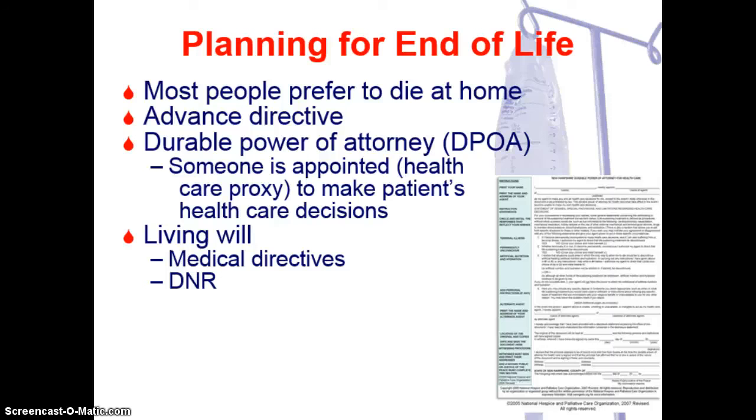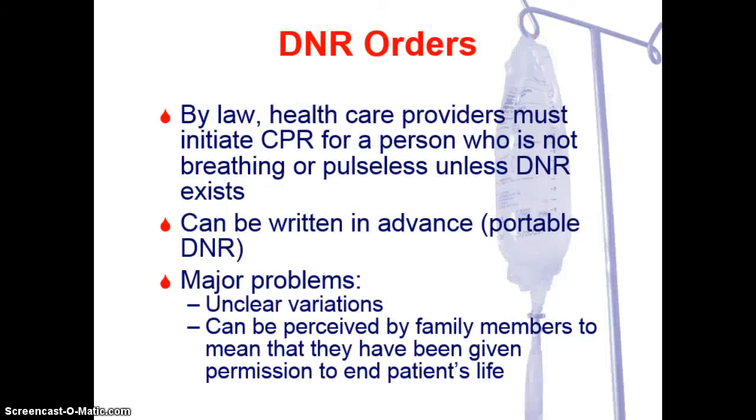They have to be able to evaluate, deliberate, and mentally manipulate information. And they need to be able to communicate treatment preferences. And when you're talking about do not resuscitate orders, do not resuscitate orders are there for persons who do not want cardiopulmonary resuscitation.